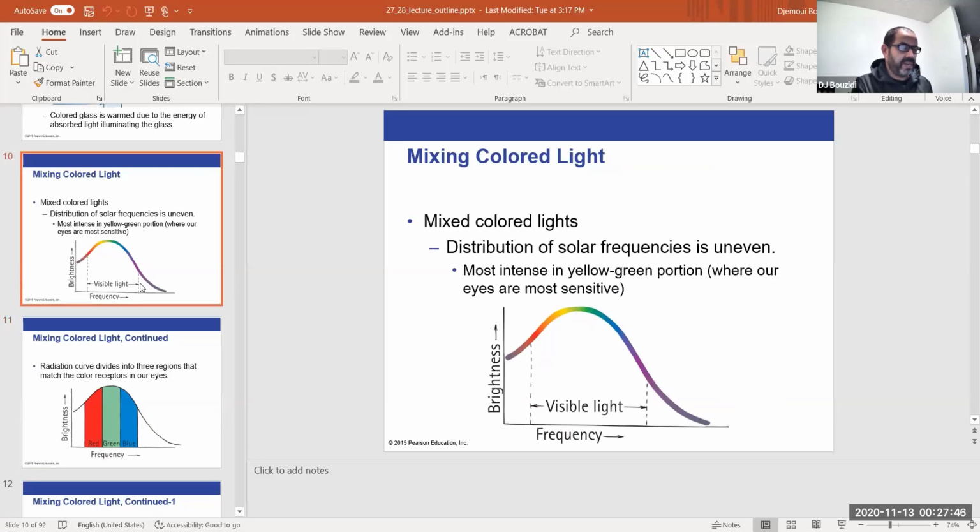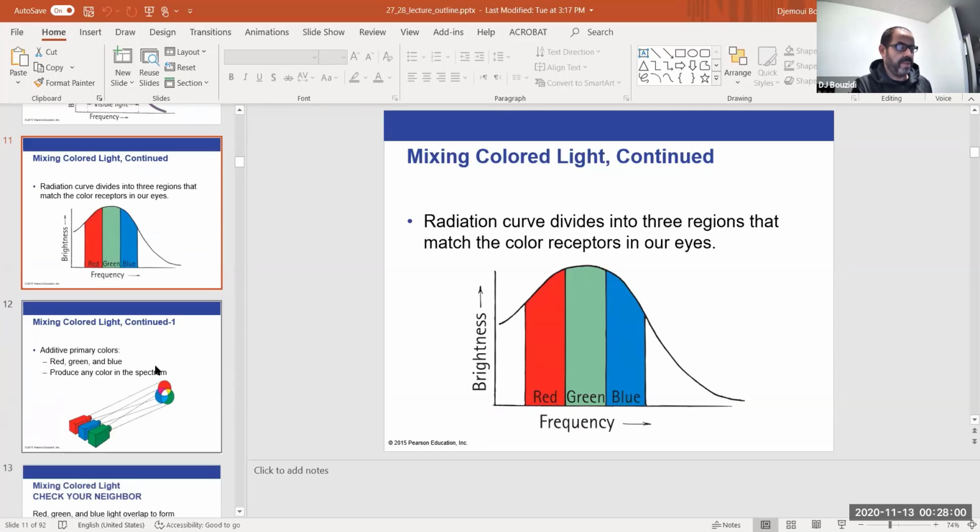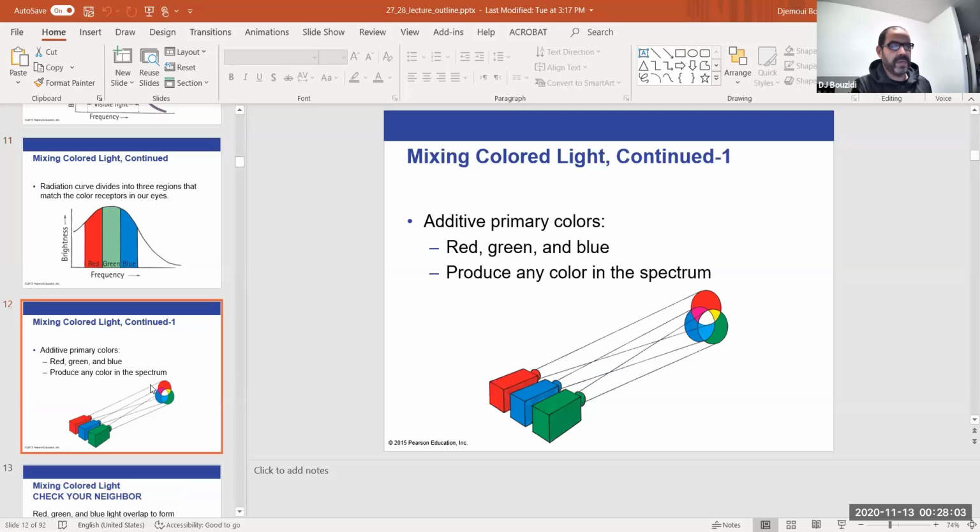This curve is divided more or less into these three fundamental colors: red, green, and blue. These are the so-called RGB colors. R for red, G for green, and B for blue. Using these colors, you can obtain any colors you want.